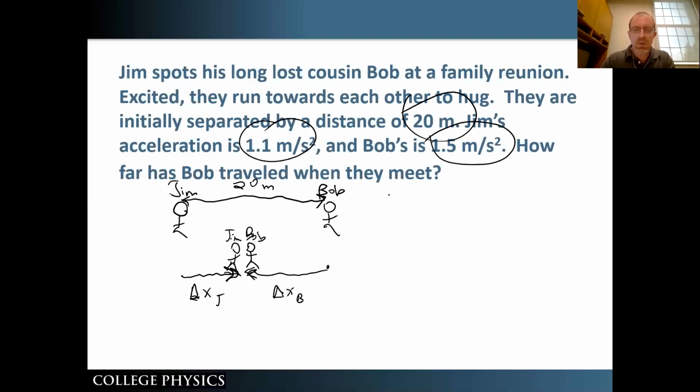So, just like we usually do, I'm going to define the positive direction to be to the right. This has a consequence: Jim's displacement is to the right, so it's positive. On the other hand, Bob's displacement is to the left, so this delta x sub b actually has a negative value.